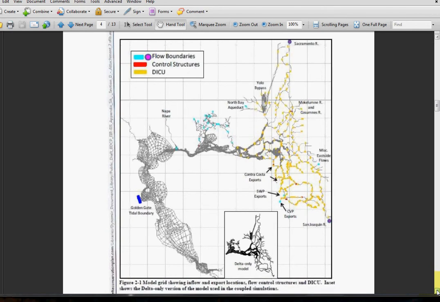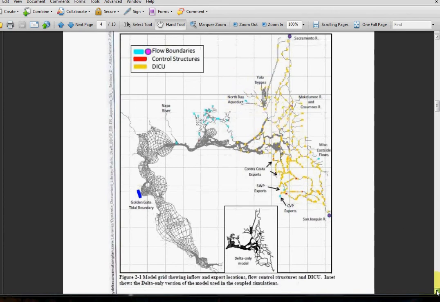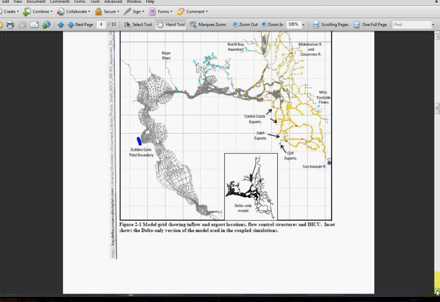They use it to model inflow and export locations, flow control structures, and impacts. They use this data for a lot of different things related to the computer modeling for the Delta, for salinity. It's really important how much water flows in and out of the Delta. So that's why it relates to the Bay Delta Conservation Plan.